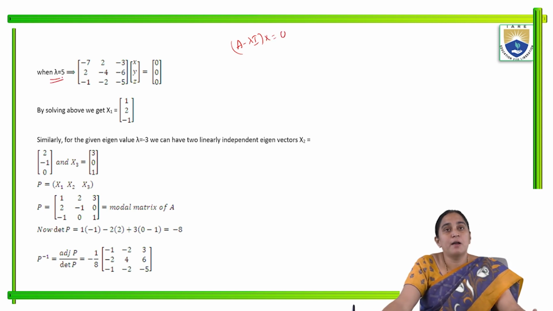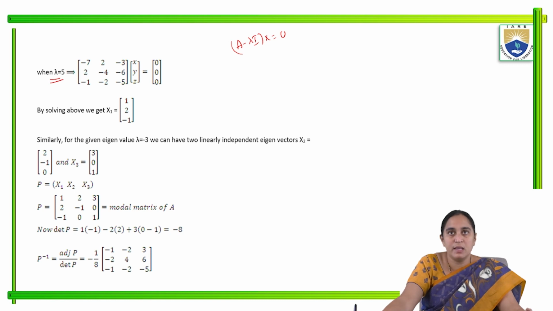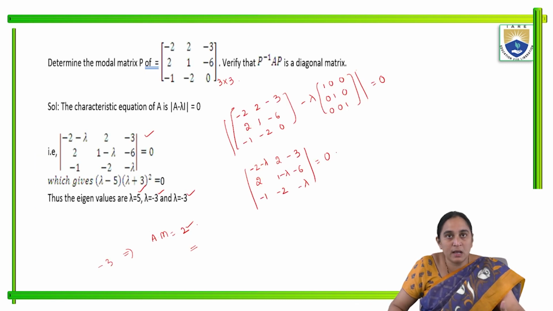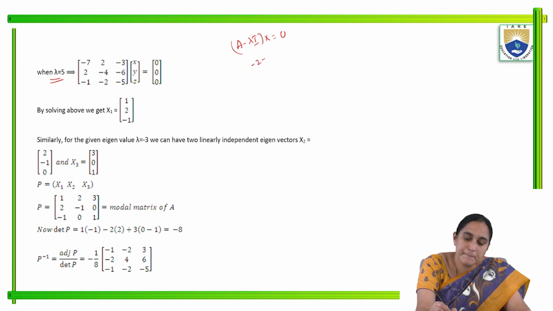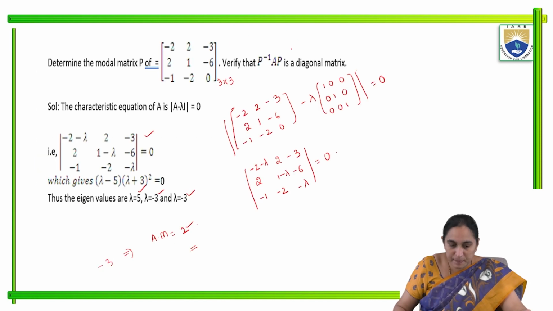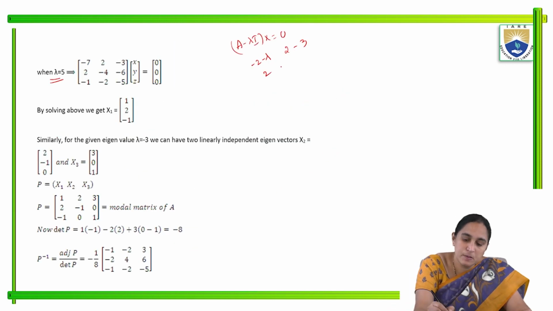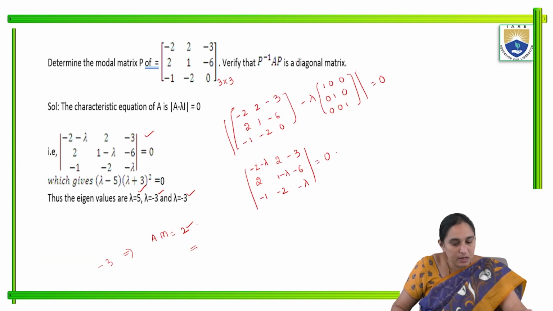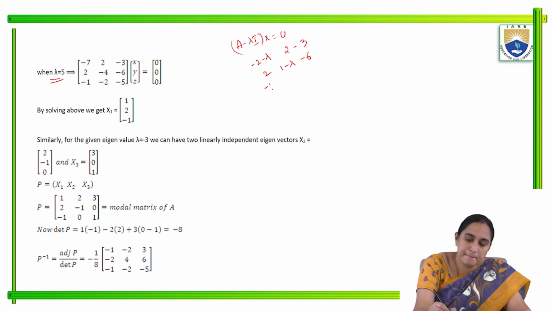For A minus lambda I, as discussed in the first part, the characteristic matrix form is minus 2 minus lambda, 2, minus 3, 2, 1 minus lambda, minus 6, minus 1, minus 2, minus lambda, into x, y, z equal to 0, 0, 0.